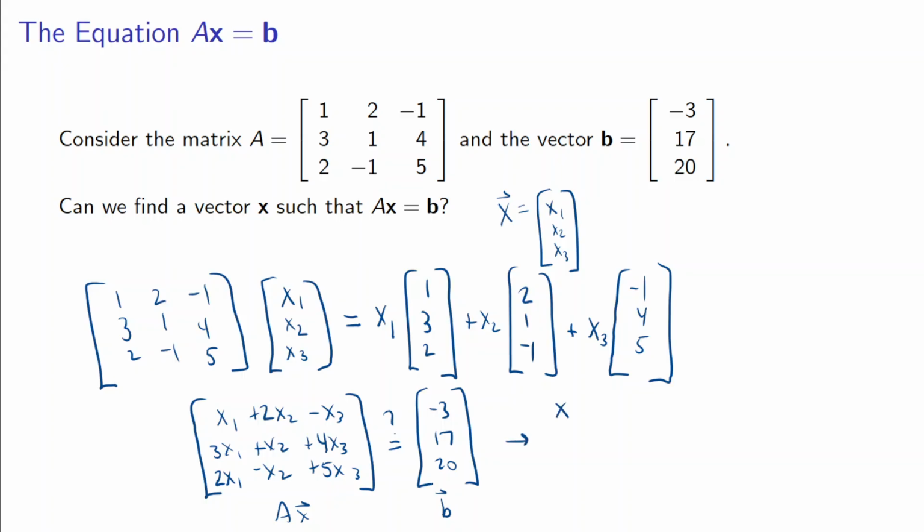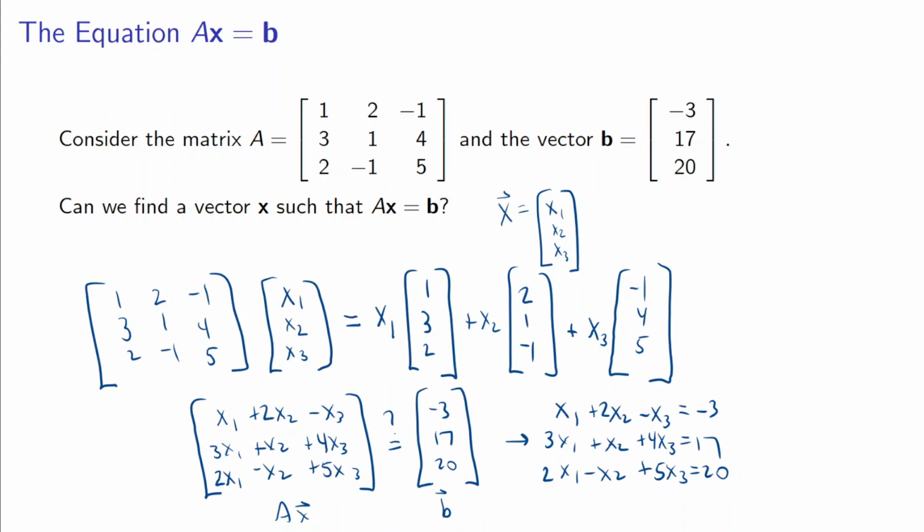So that basically means that we'd have x1 plus 2x2 minus x3 equals -3, and then 3x1 plus x2 plus 4x3 equals 17, and then 2x1 minus x2 plus 5x3 equals 20.